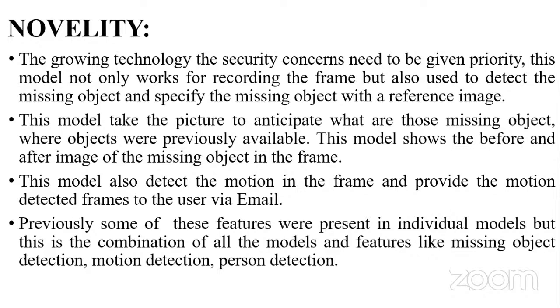This model also detects motion in the frame and provides the motion detection frame to the user through mail. Previously, some of these features were present in individual models, but this is a combination of all the models: missing object detection, motion detection and identification.